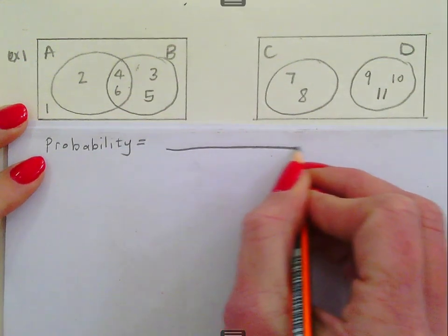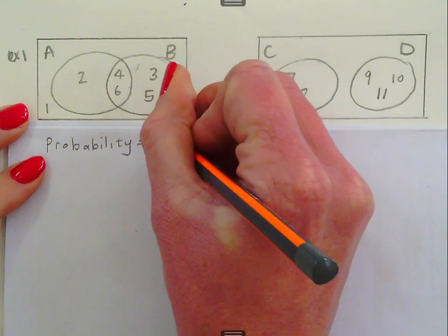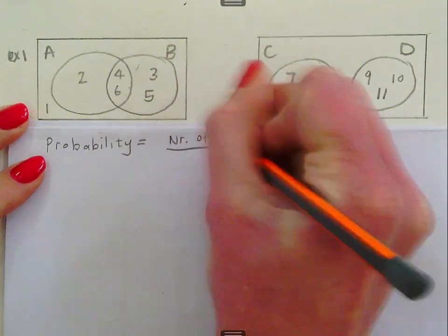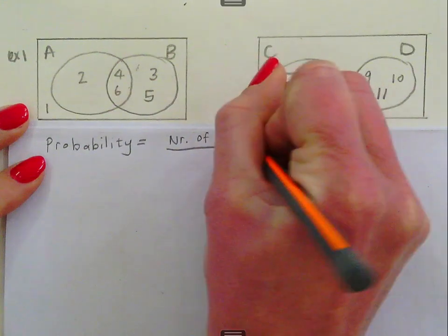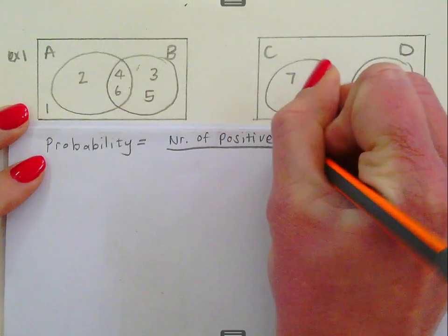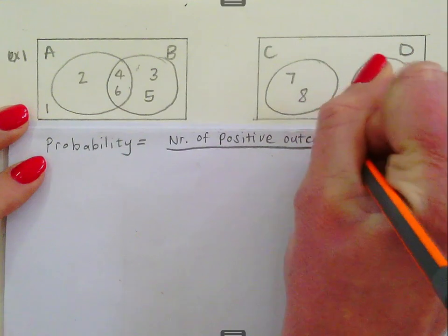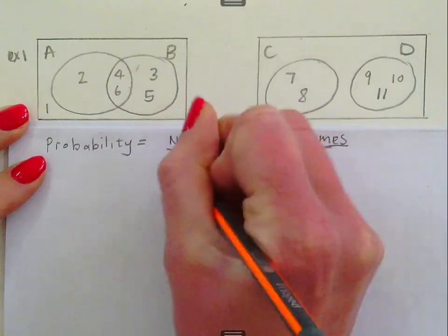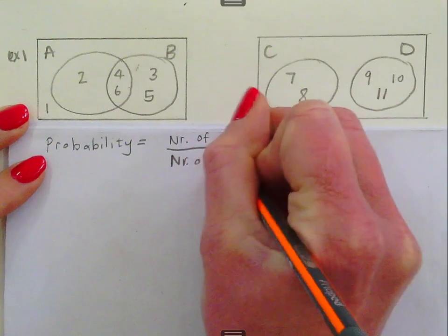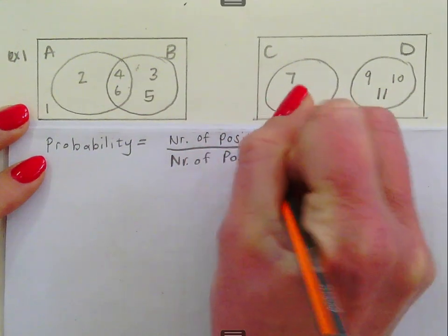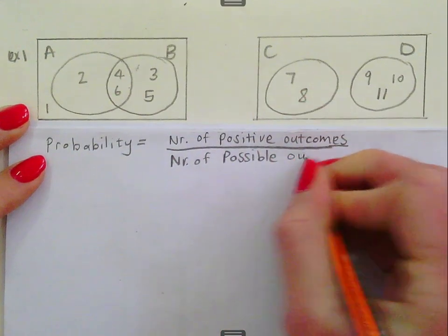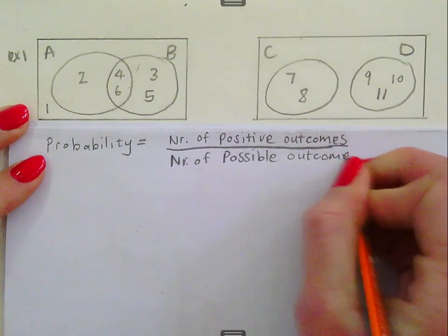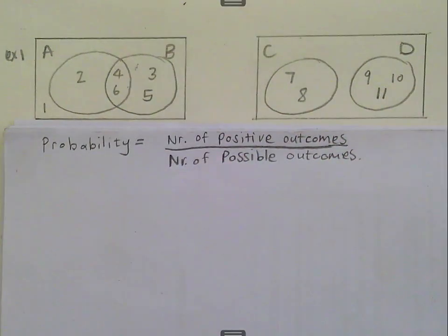A probability is always a fraction, okay? We are going to write it as the number of positive outcomes, that will be our numerator, and the number of possible outcomes will be our denominator.